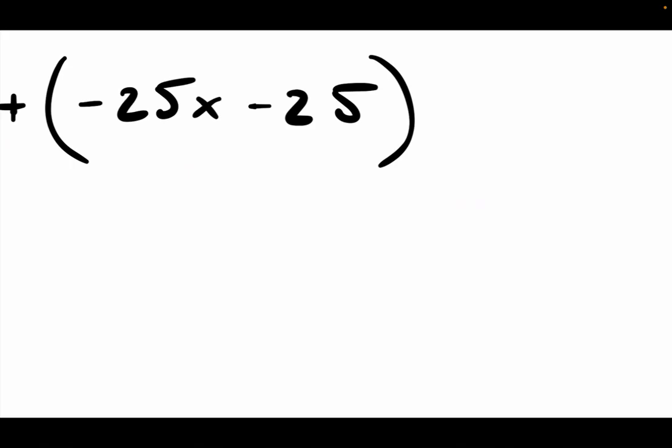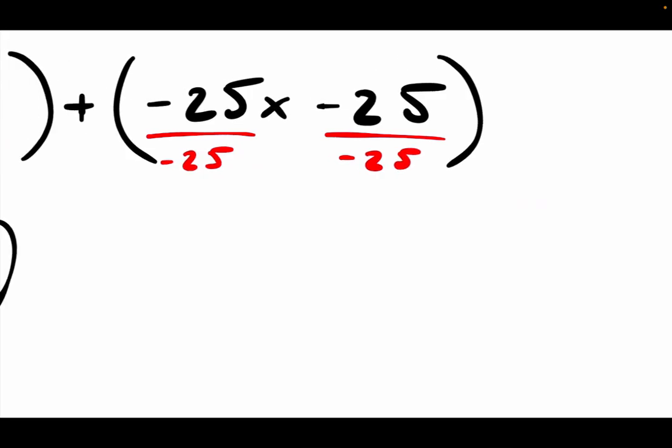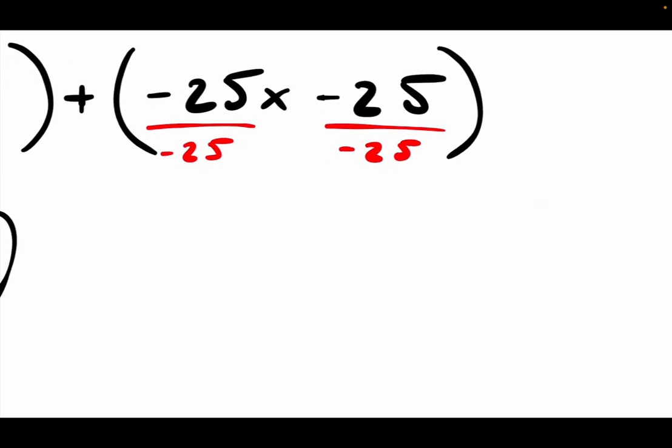What's the biggest thing I can divide out of both of those? 25, right? And since the first one is negative, I'm going to divide by negative 25. The plus sign's still in the middle. Now I'm going to put a GCF of negative 25 there.